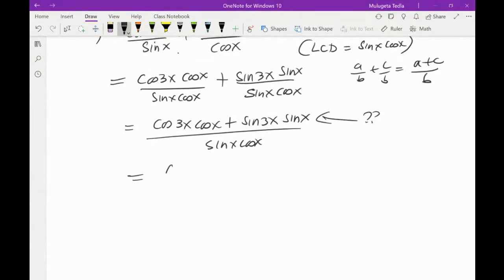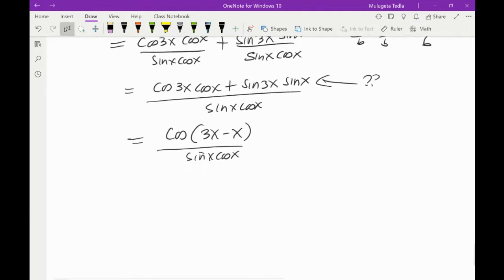So the top is cos of alpha minus beta, which is 3x minus x, over sine x cos x, which is equal to cos of 2x over, what is this anyway? Might as well change it into a 2x angle.